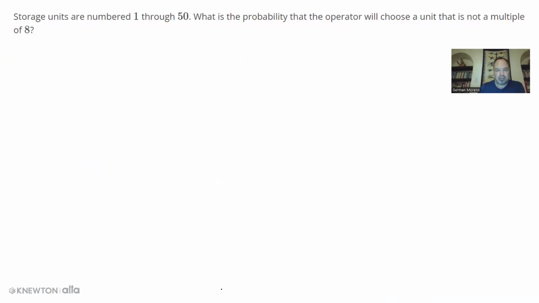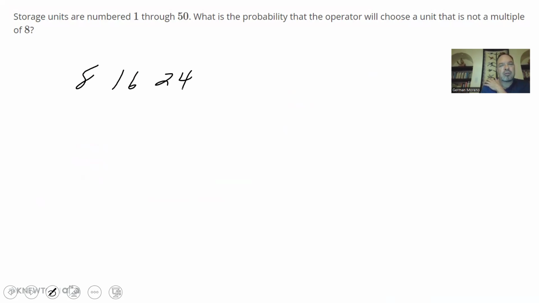Here's another example. It says storage units are numbered 1 to 50. What's the probability that the operator will choose a unit that is not a multiple of 8? This is from the homework. So things that are multiples of 8 are 8, 16, 24.